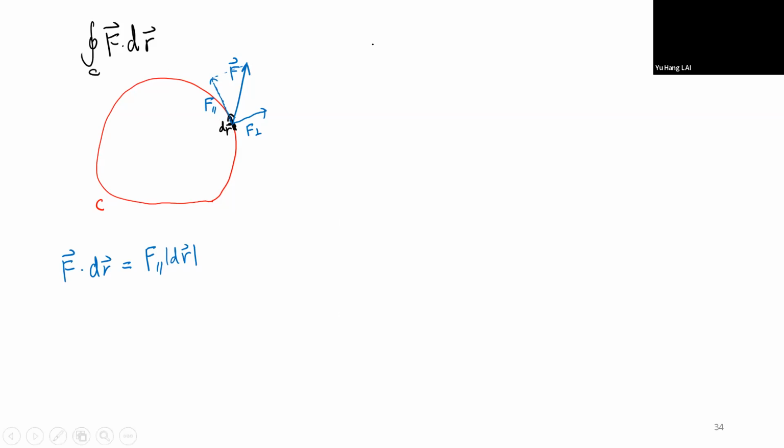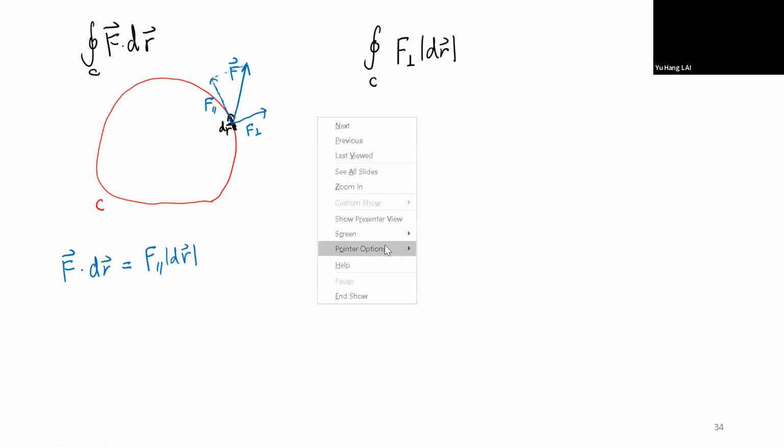is that instead of this line integral, I'm going to have this. So for every small segment, I take the product between the length of this dr and the magnitude of this normal component. So how do I express this integral here? Now I'm going to construct a so-called normal vector, which points this way.